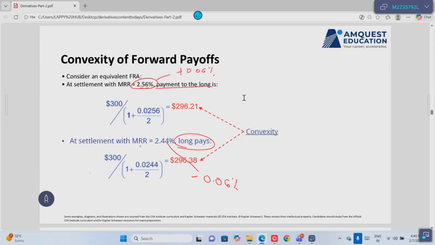Now notice that when the rate goes up, $300, he will discount it by 1 plus R upon 2 because of 6 months, so the discounted value at this rate will be 296. The discounted value at this rate will be 296.38.